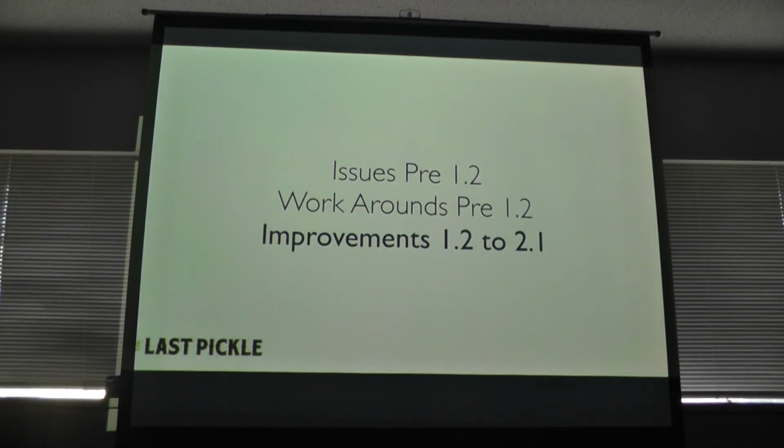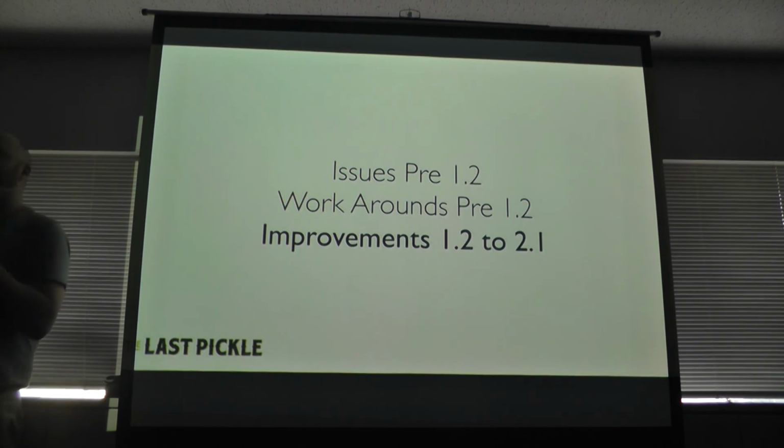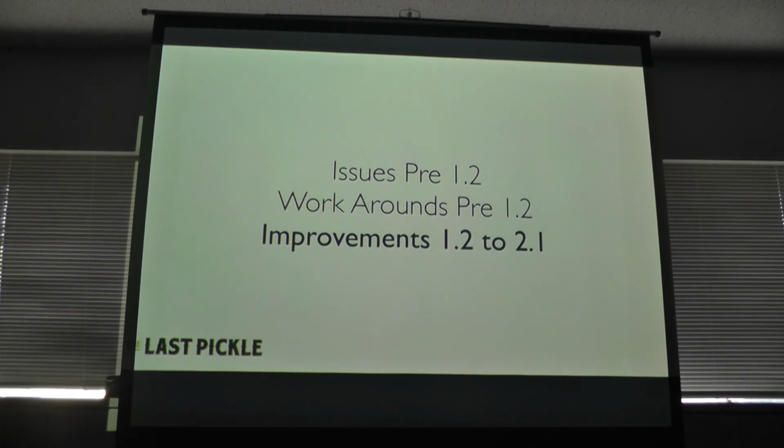So we've got an understanding now of how Cassandra works and how it doesn't work as well sometimes with lots of data, and what we can do to help it. From version 1.2 and 2.0, there are a number of changes that solve fully or partially all of these problems.